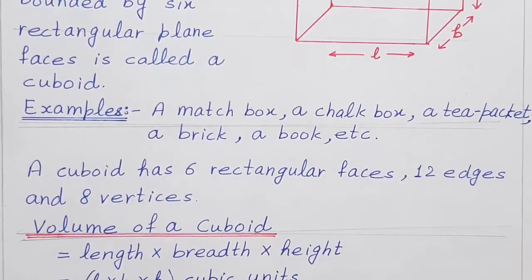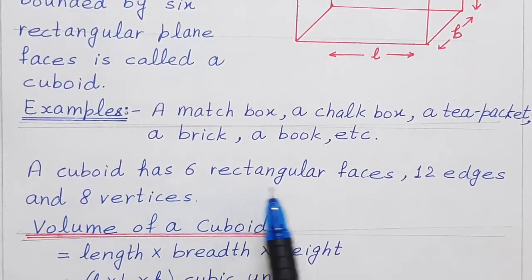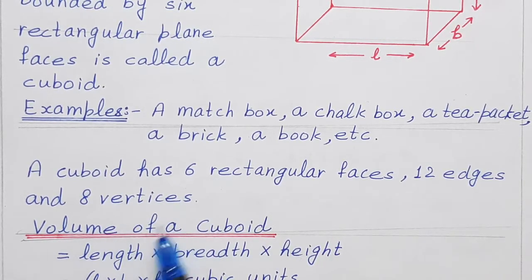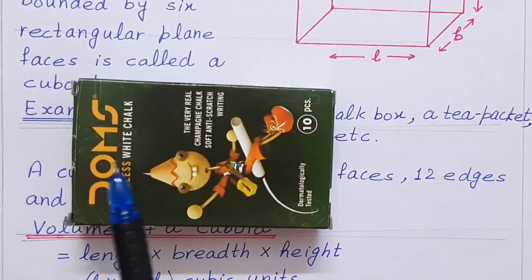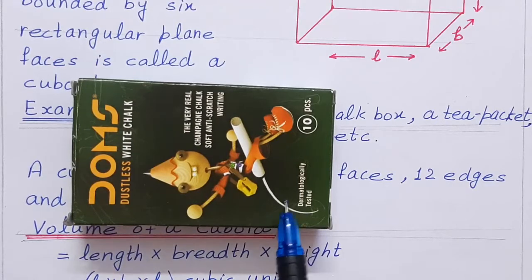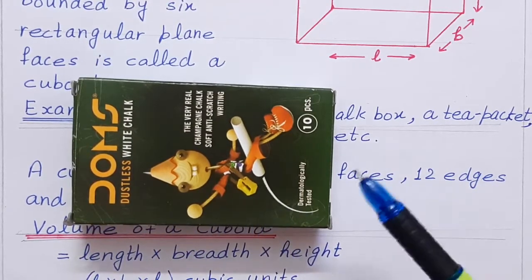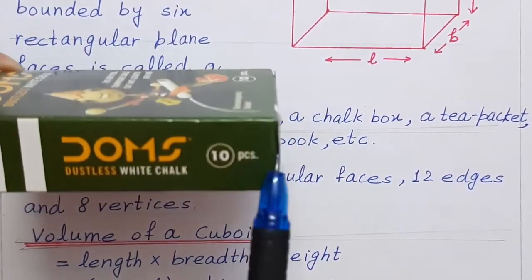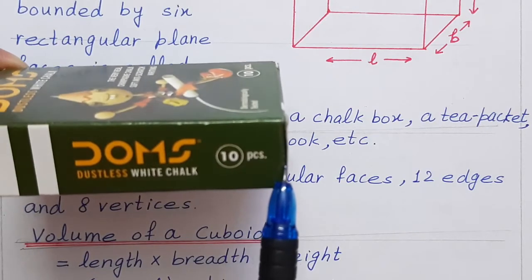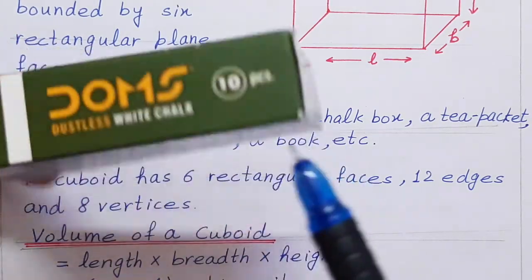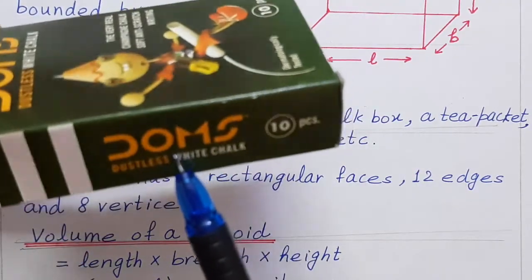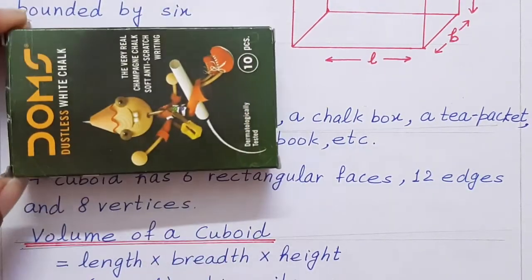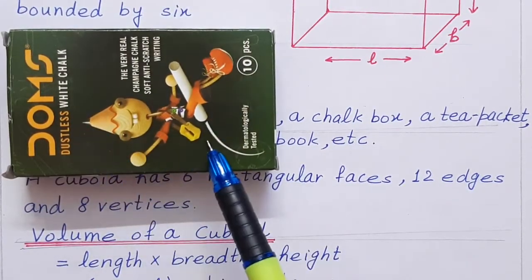Students, a cuboid has 6 rectangular faces, 12 edges and 8 vertices. Now students, you can see this is a chalk box. Length, then we have breadth, and you can see the height. So how many faces do we have? That is 1, then below this 2, then 3, 4, 5, and that side 6. So we have 6 faces in a cuboid.